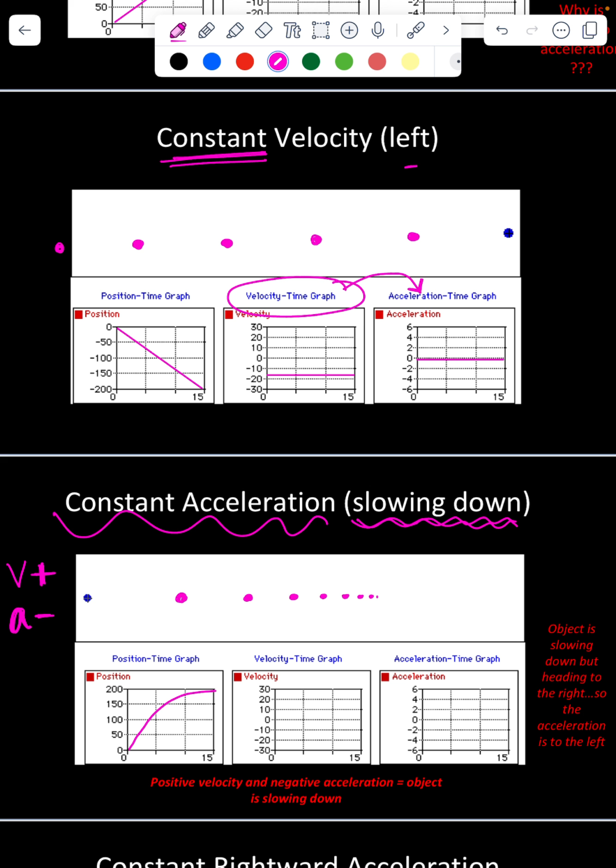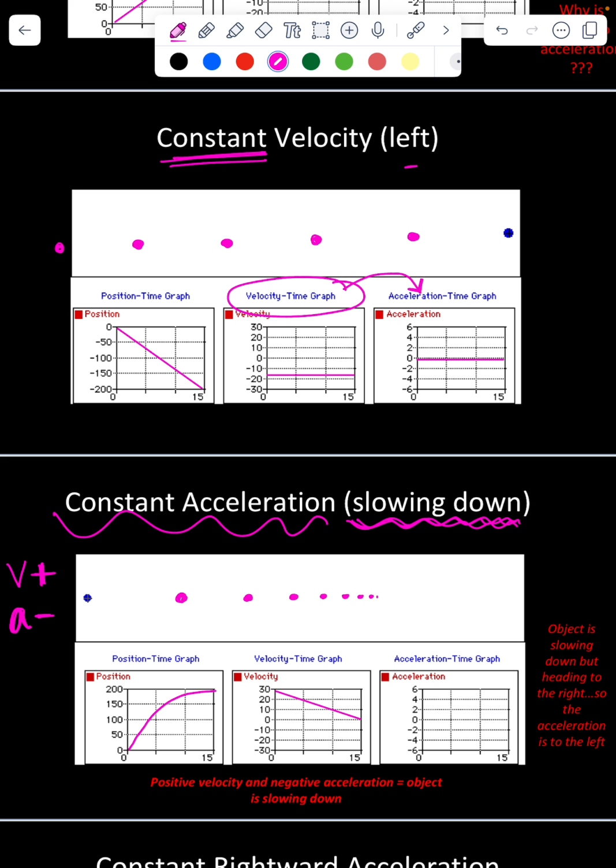Now, again, we still have a positive velocity, so it's going to be above 0, but it's not going to be a horizontal line anymore. It's changing, so it's going to be a diagonal. What we have to figure out is if it's going away from 0 or towards 0. Well, we know that it is slowing down, so that diagonal line is going to have to go towards 0.